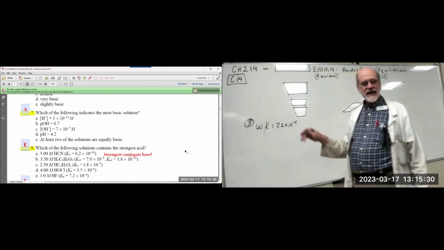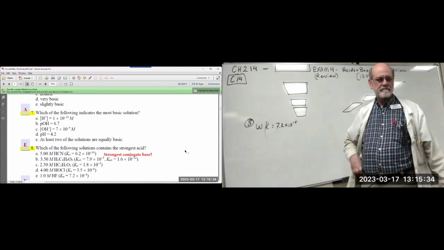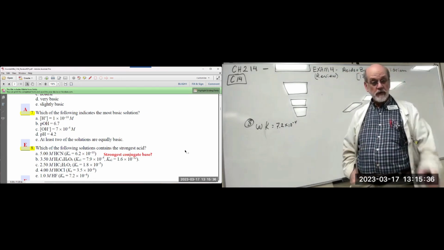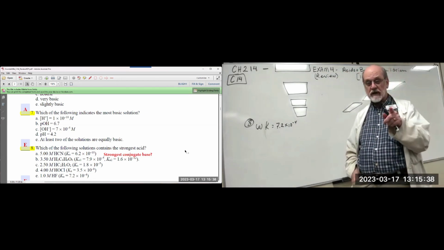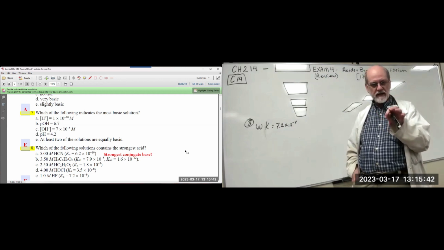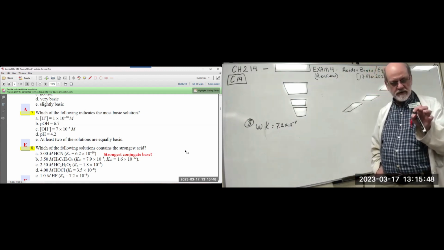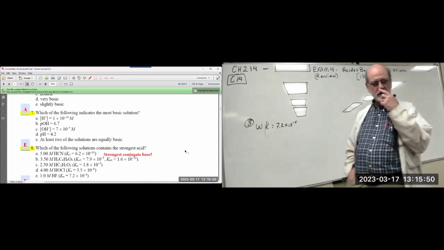So that's the strongest acid. And those are all acids. I had to check myself. Yeah, they're all undissociated acids with the K value. Right, so we just look for the largest K value. Okay.